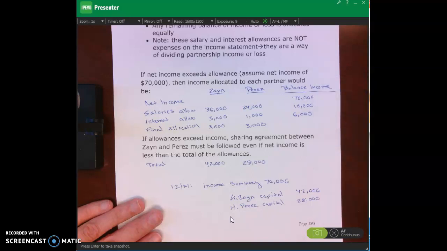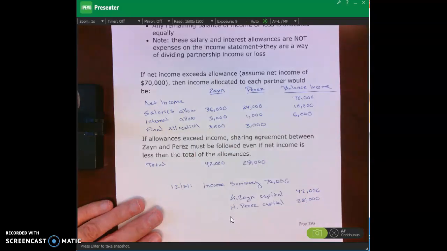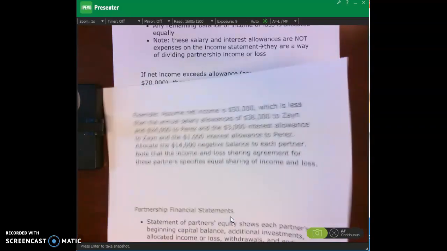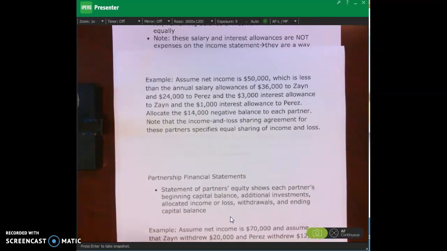But let's look at a situation where the allowances exceed our income. If you think about it, our salary allowances are 36 and then 24, that's 60. Let's say that our income for the year is only 50,000. So what do we do now? We're going to set up the same table because tables are fun.